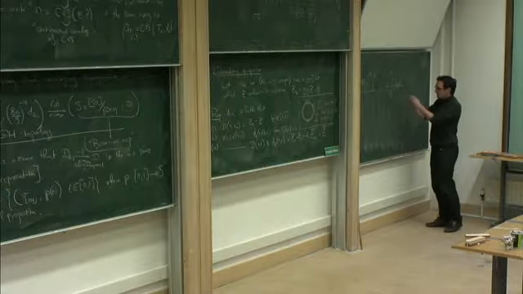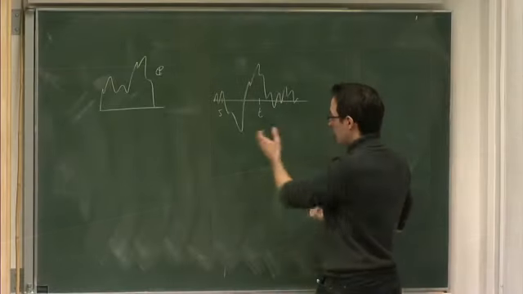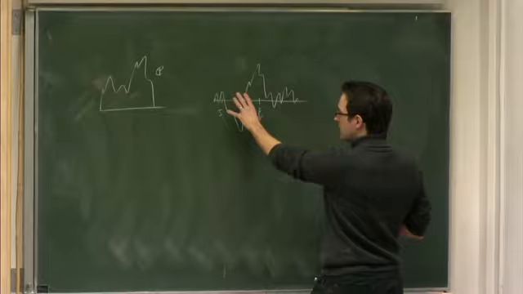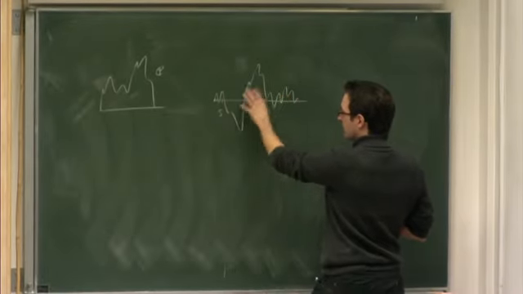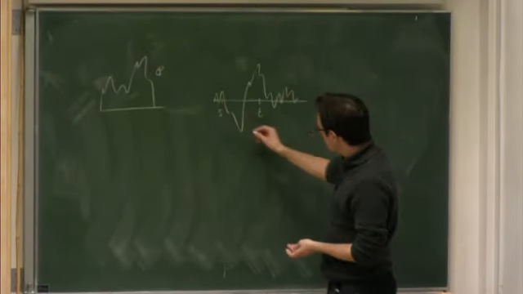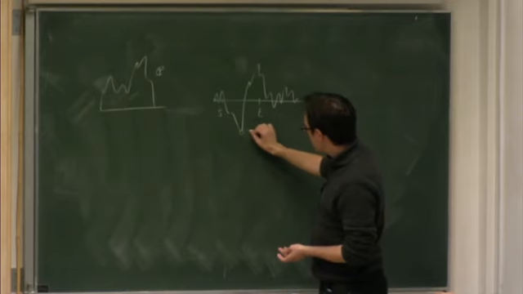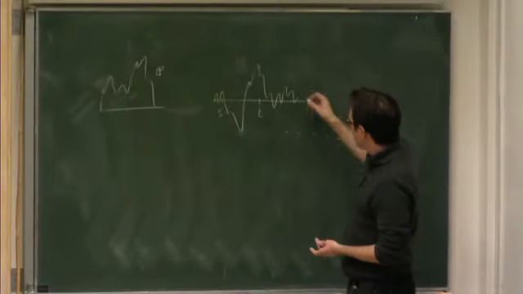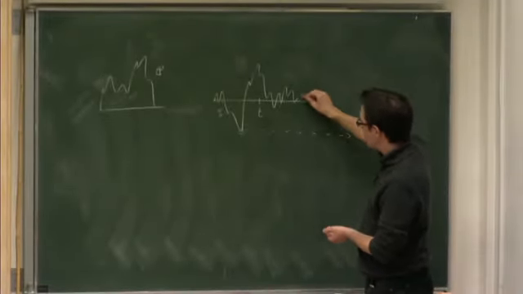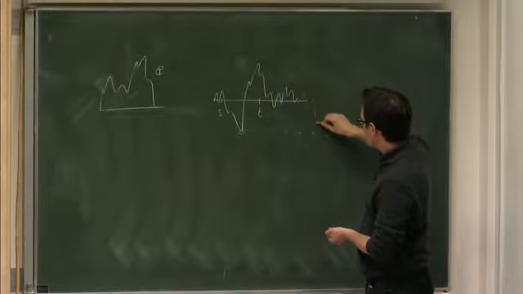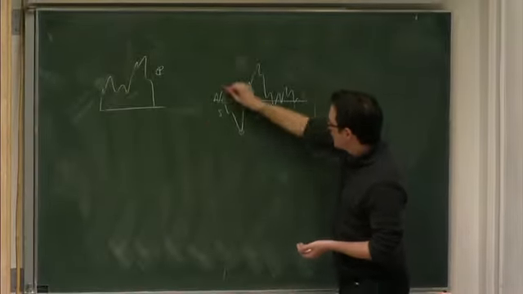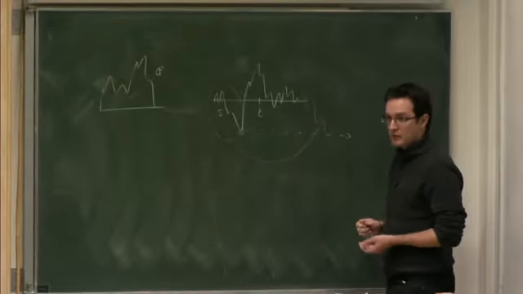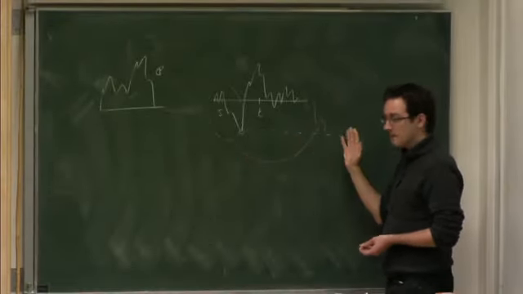okay, so maybe let me put it in another way. If you want to assign a tree, to associate a tree with the process z, maybe what you should first do is to reroute this process z at the minimum and do what I already called last time in a previous lecture a Vervaat transform. That is, you want to take this part and put it on the other side.